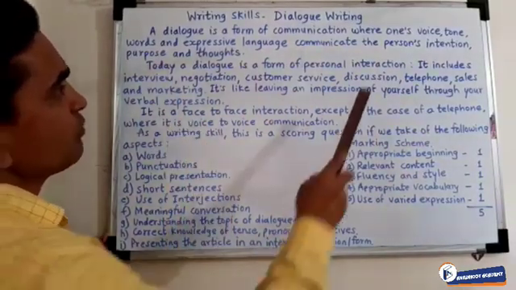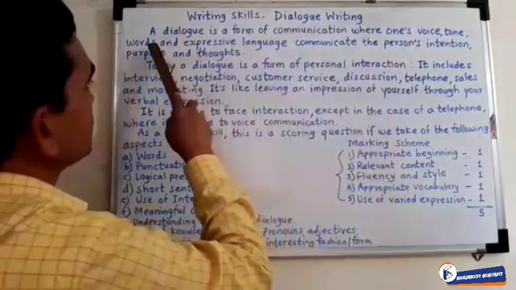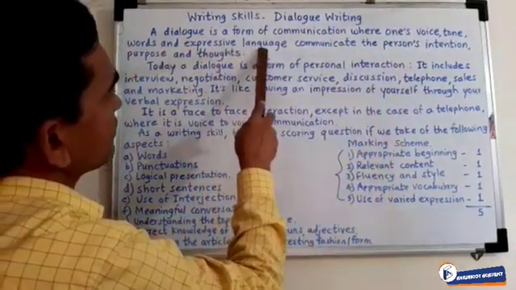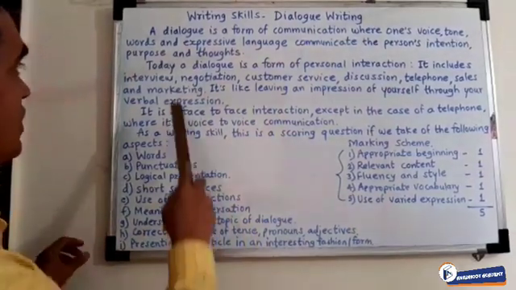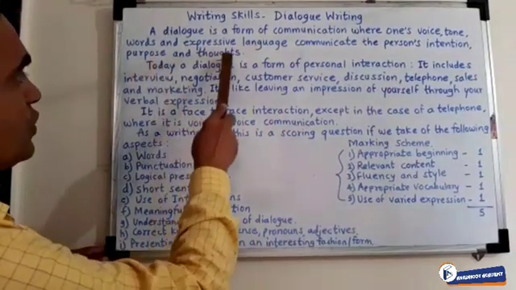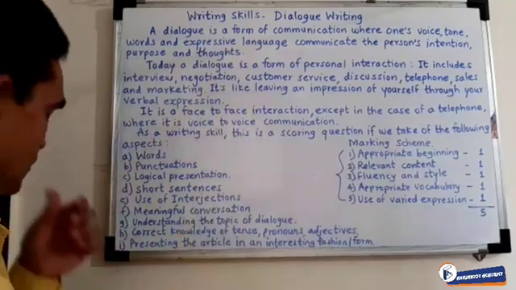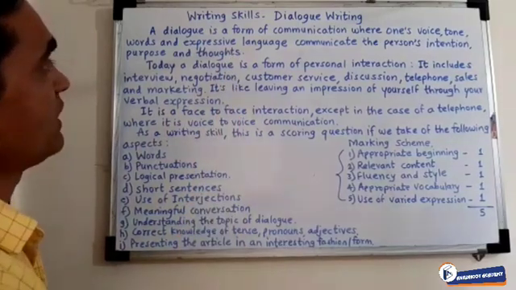Whatever your voice, tone, words and expressive language, you are communicating your intention, and you are showing your purpose and thoughts to the other person. So this is the form of dialogue.